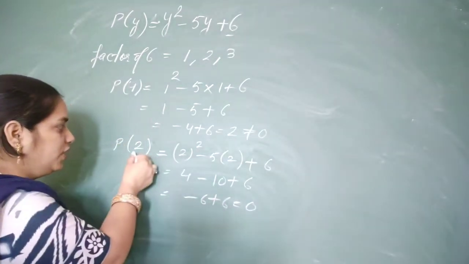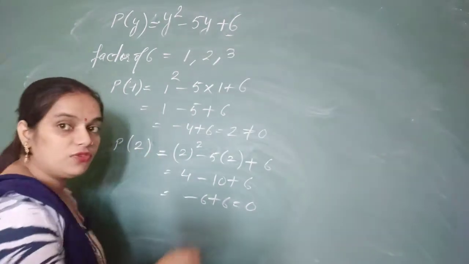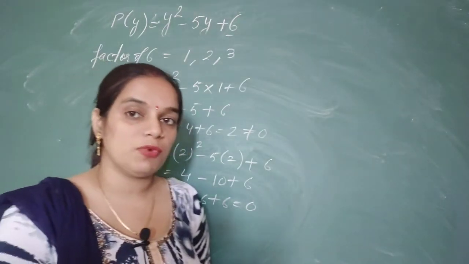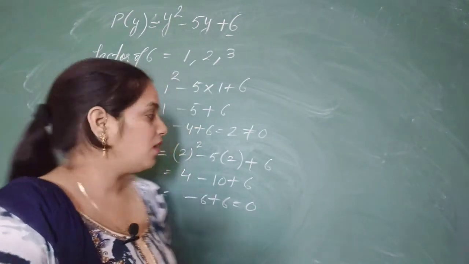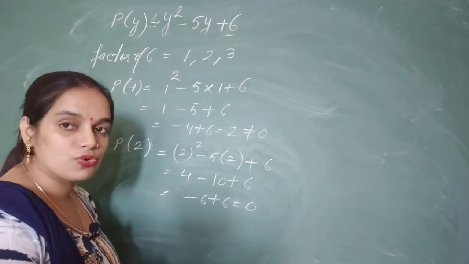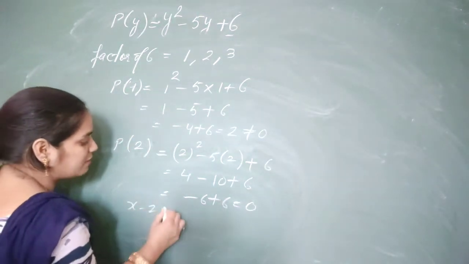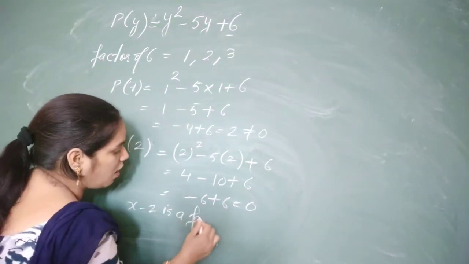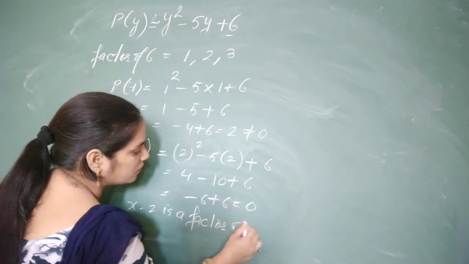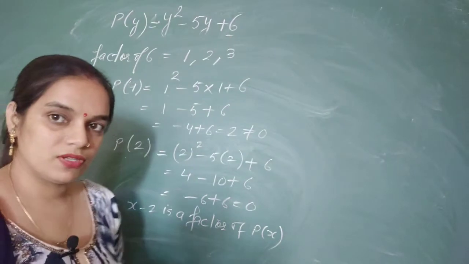Thus here the real value 2 means p(2) is equal to 0. So according to the statement of our factor theorem, y minus 2 will be a factor of this polynomial. I can write y minus 2 is a factor of polynomial p(y).